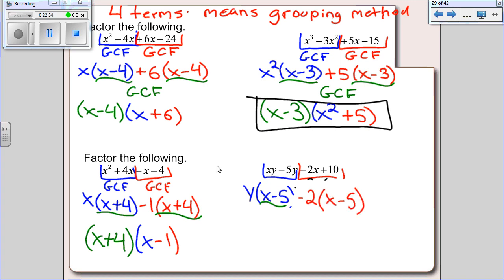I can step out an x minus 5. If I take out an x minus 5, what am I left with on the blue side? Just a y. And on the red side, I'm left with a negative 2. So that would be my answer after I completely factor it.